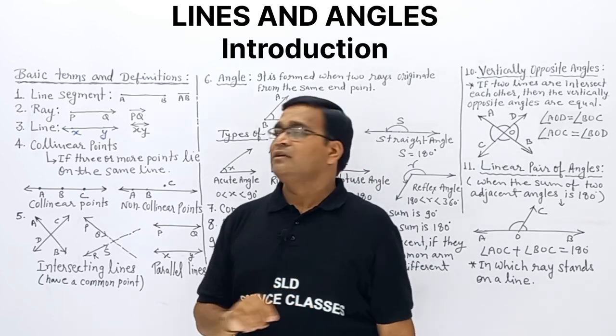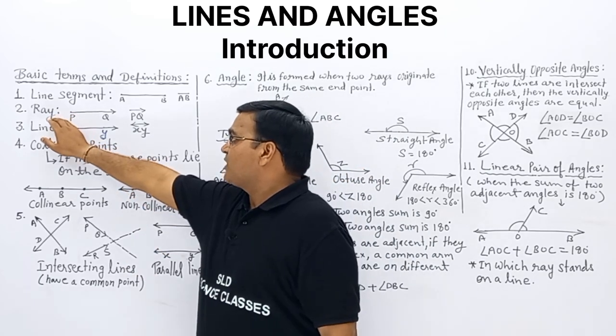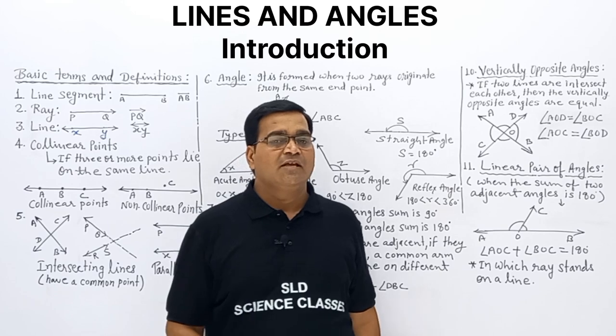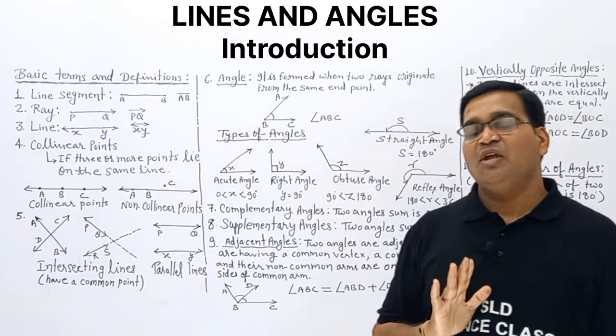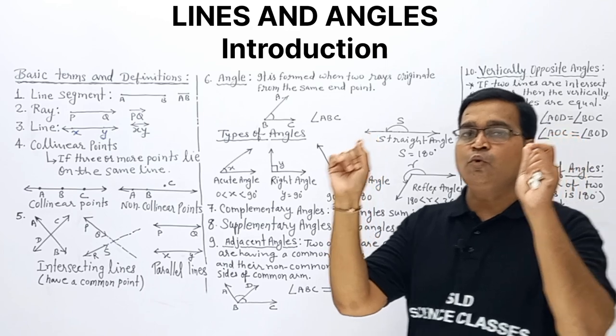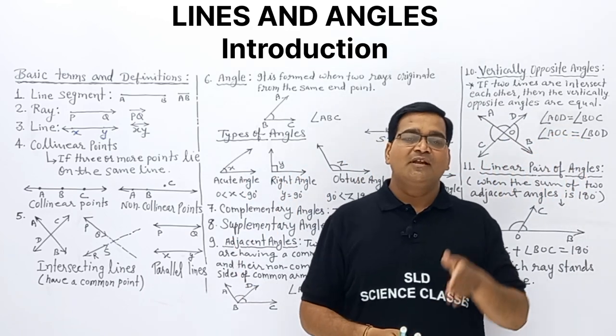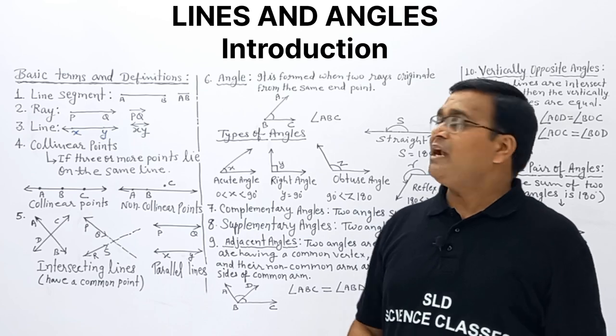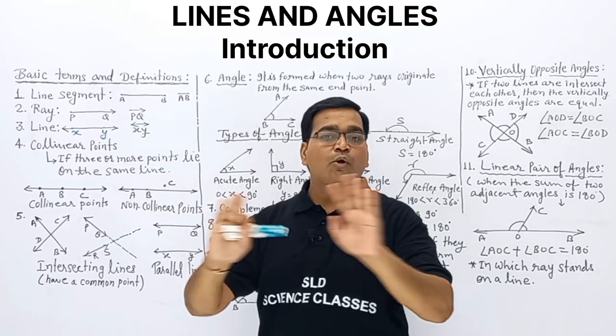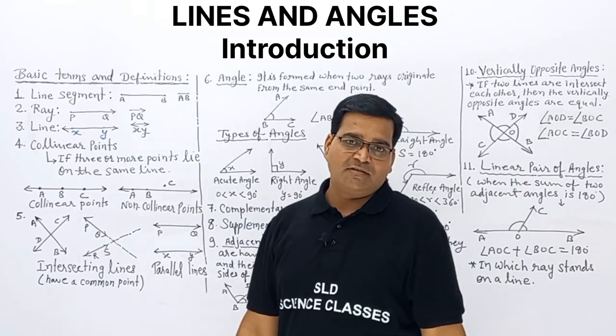Now the third point is ray. Ray is different from a line segment and a line. A line segment has two endpoints, but a line does not have any endpoints.